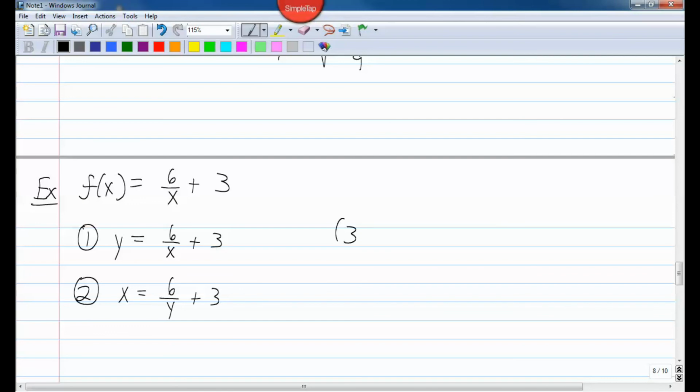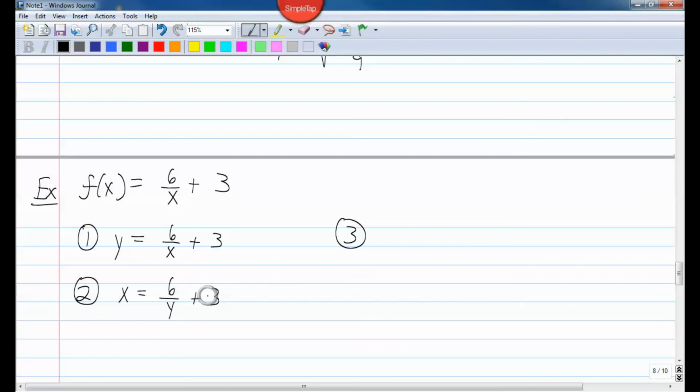Now here's where some students will work it one way, some students will work it another. Use whatever algebra methods you know how to use to solve for y. Now, me personally, I would probably get this y term by itself. 6 over y, get that by itself.